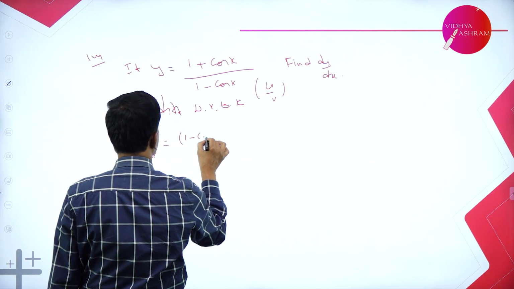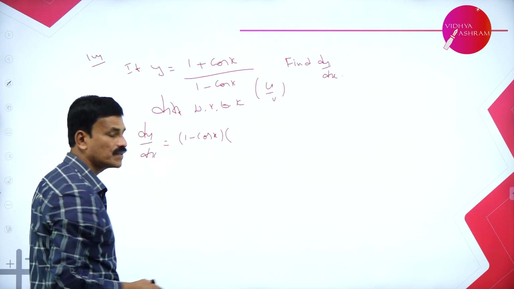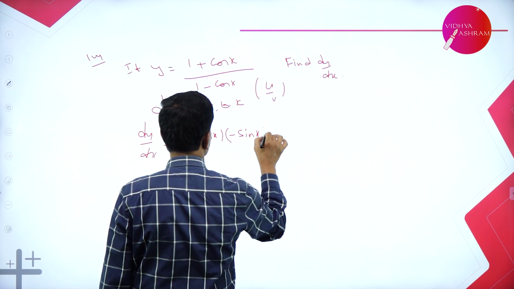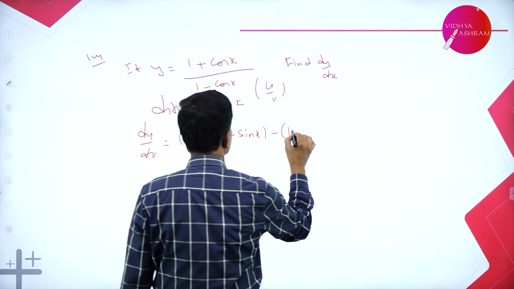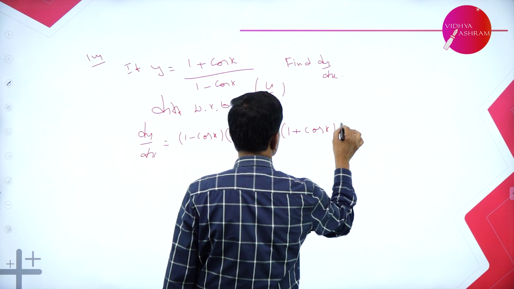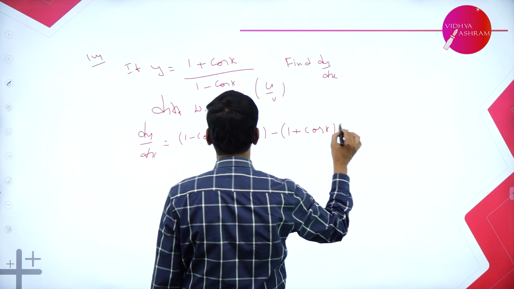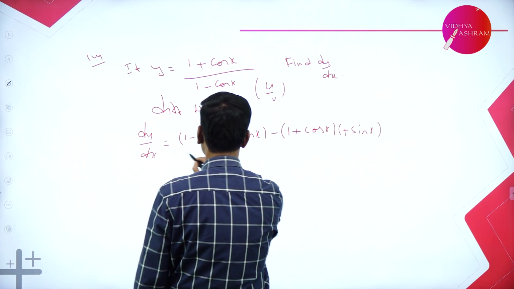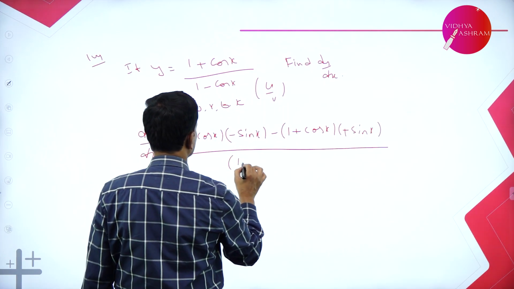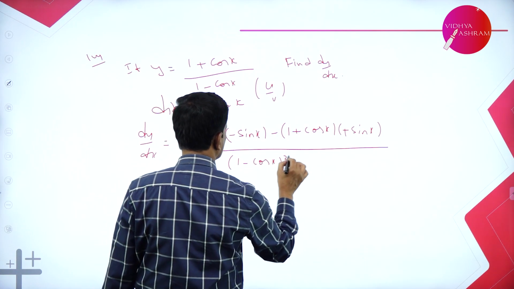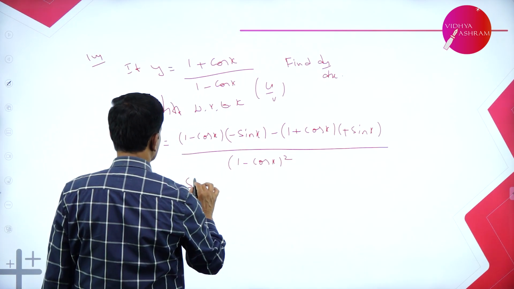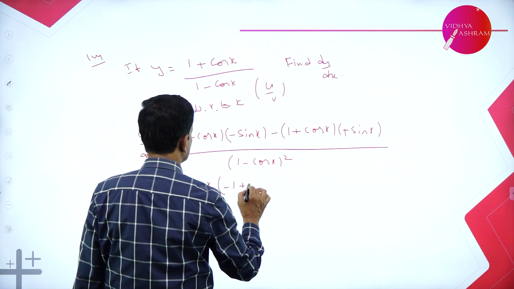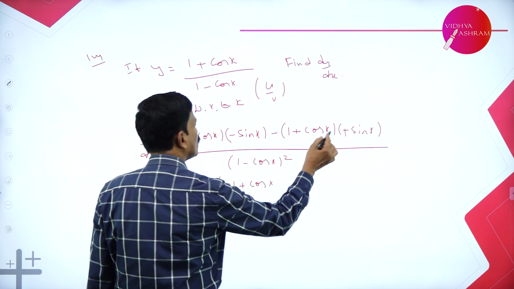Denominator (1 minus cos x) into differentiation of numerator: 1 is 0 and differentiation of cos x is minus sin x, minus numerator (1 plus cos x) into differentiation of denominator: 1 is 0 and differentiation of cos x is minus sin x. Minus into minus is plus sin x, divided by the denominator square. Now you can take sin x as a common factor. If sin x is taken out, then this becomes minus 1, minus into minus plus cos x, and we have taken out sin x.